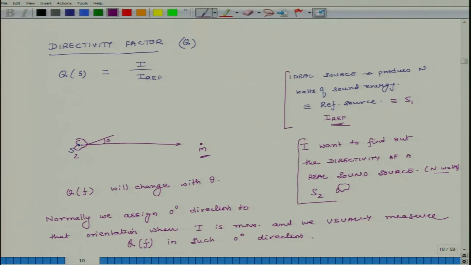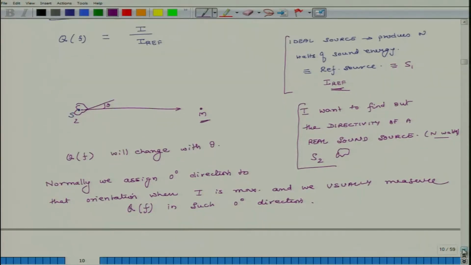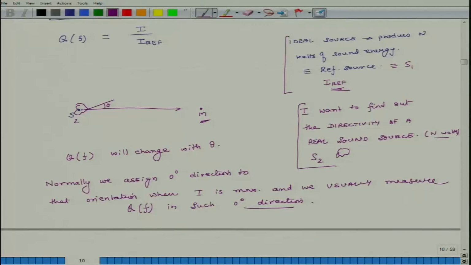If the source is not omnidirectional, but it is directional, then Q will be more than 1 or less than 1? It will be more than 1, because in the 0 degree direction I have the direction for maximum intensity, and that will be always more than the intensity produced by an omnidirectional source. Okay.